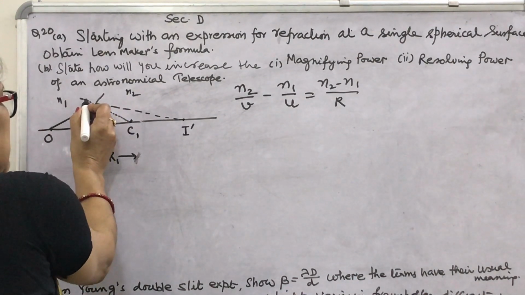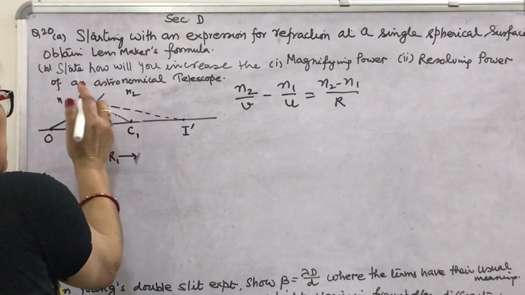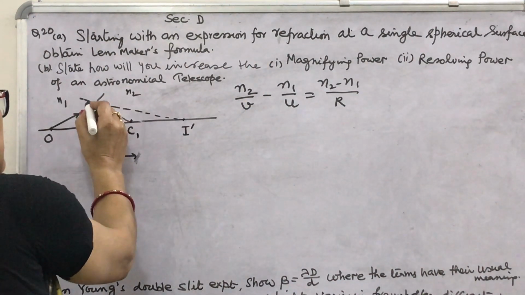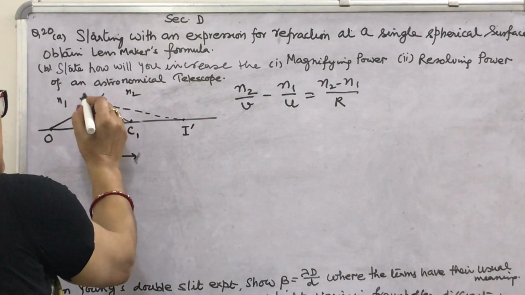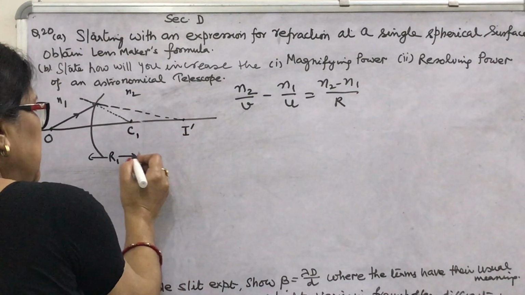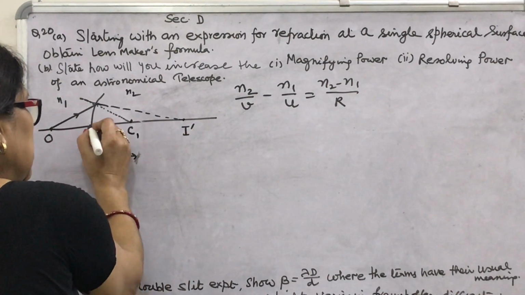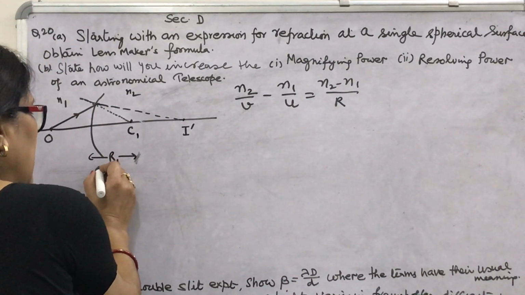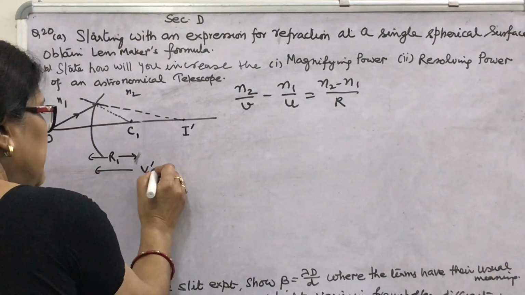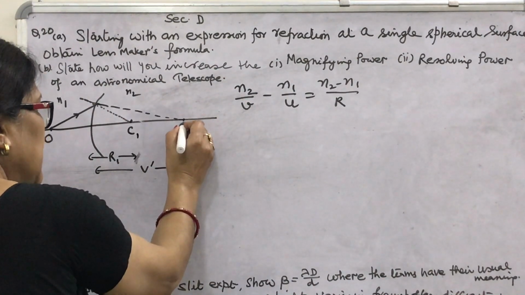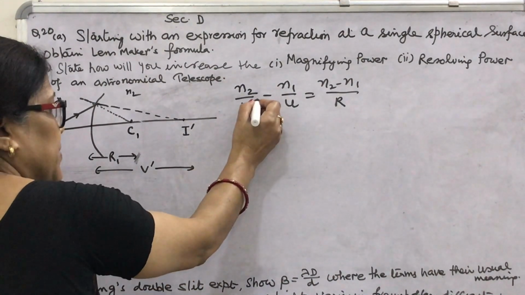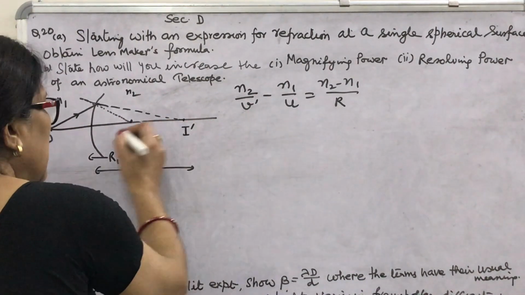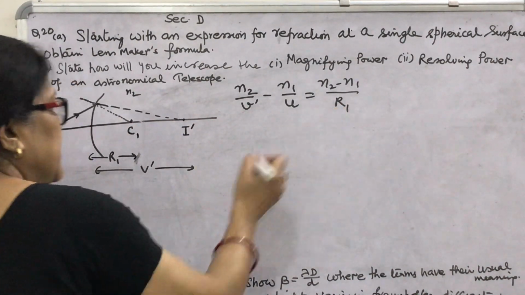Here, it says starting with an expression, so you do not have to derive it. Now look here: the image distance is V dash, as this is the image at I dash. So you put dash on V, U stays the same, and R becomes R1.